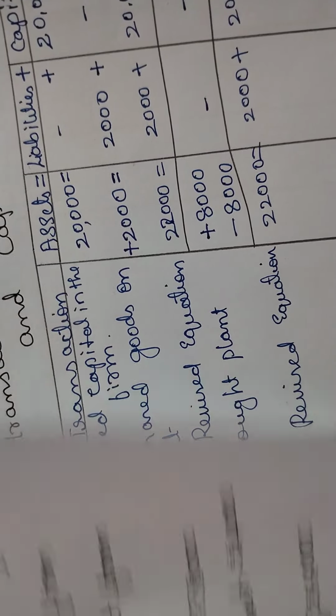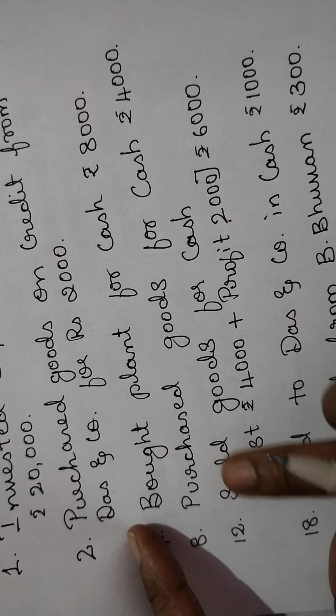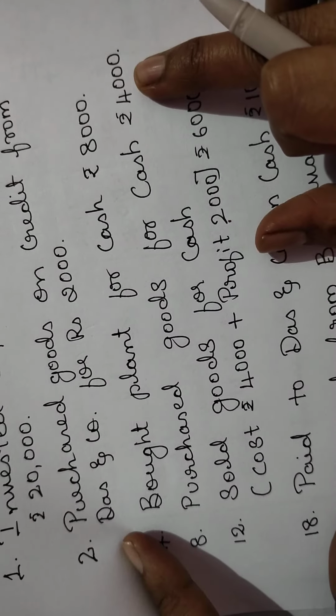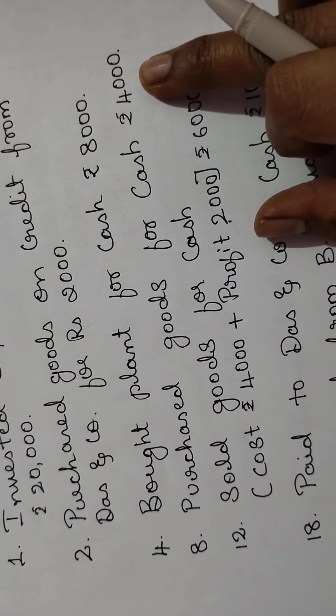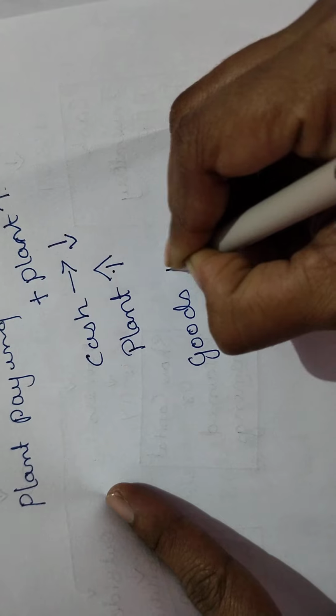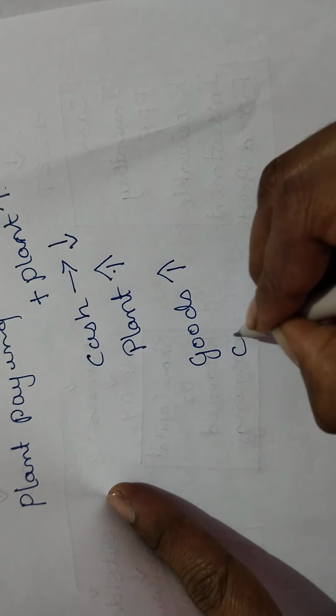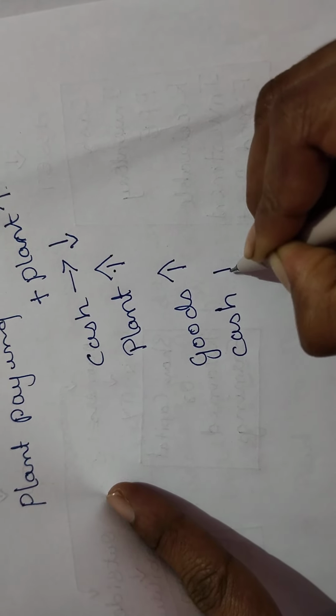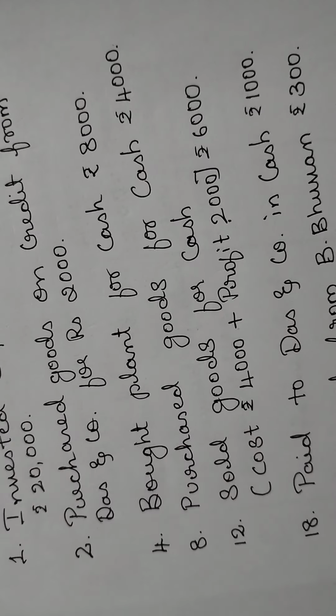Next, purchased goods for cash rupees 4,000. Again, it is having two effects. What are the two effects? You purchased goods by paying cash. The goods are increased, cash decreased.